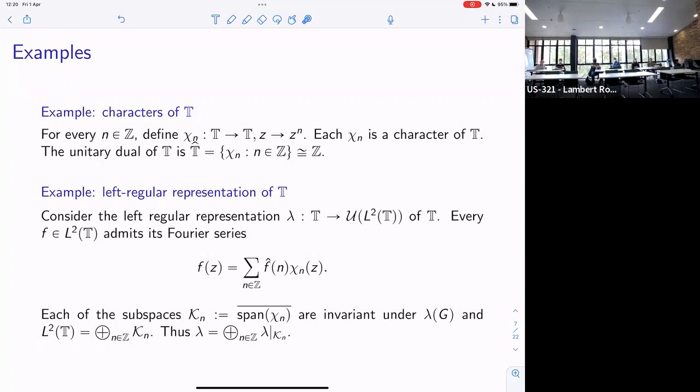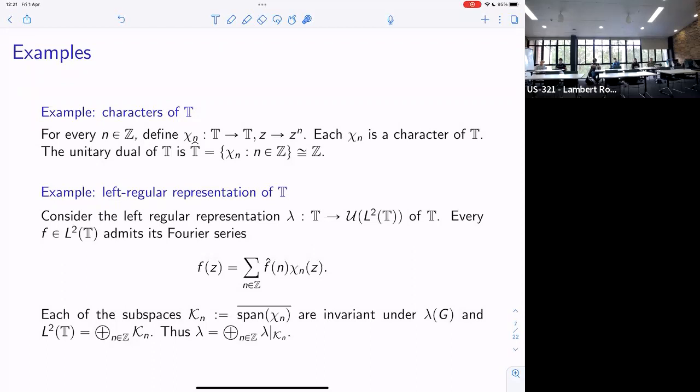And so, as a result, the left regular representation of the torus decomposes as a direct sum of irreducible representations acting on each of the subspaces spanned by our characters. So this gives a decomposition of the left regular representation of the torus into irreducible one-dimensional representations.